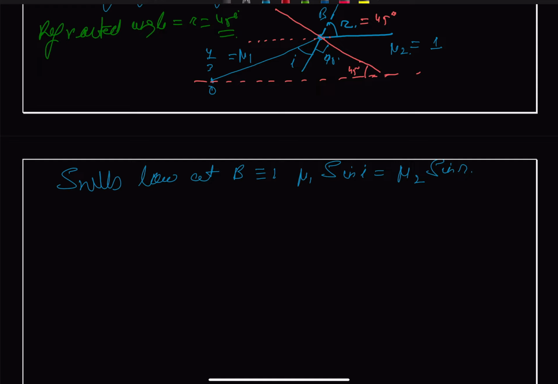So from here we get the value of our sine of I, so we can write it as sine of I, mu2 is our 1, so this comes 1 upon mu1, mu1 is our 4/3, and we have this as sine of R. Sine of R is our 45 degree.